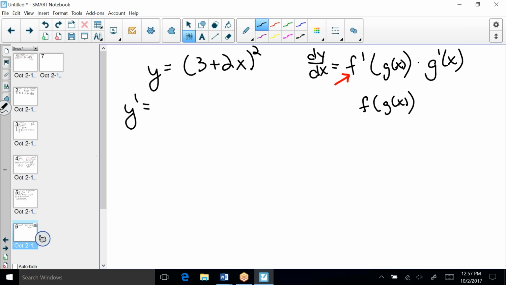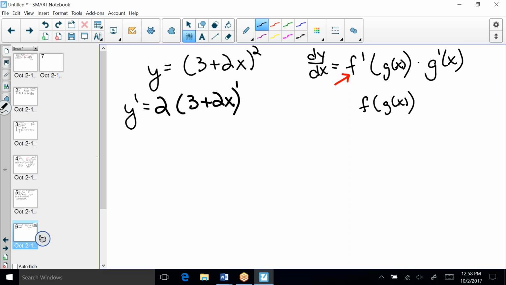The derivative of the outside is going to be 2 times some inside function. The inside function is 3 plus 2x. And now we always have to decrease the exponent by 1. So we're decreasing the 2 by 1, leaving it as a 1 here.